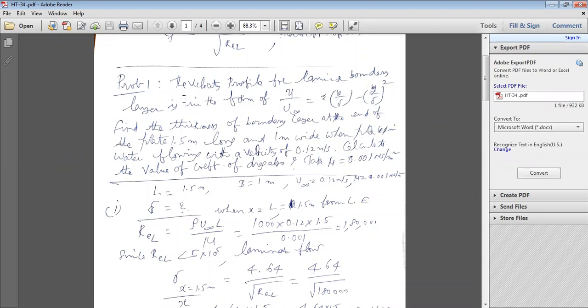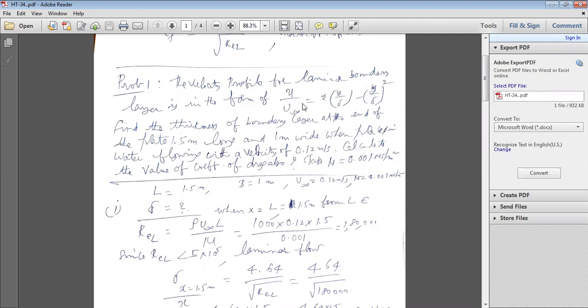Thermal boundary layer. The velocity profile for the hydrodynamic laminar boundary layer is in the form of u by u free stream, velocity as a function of y by delta. Yesterday we gave u by u free stream as a function of y by delta, then arrived at an equation for u by u free stream.